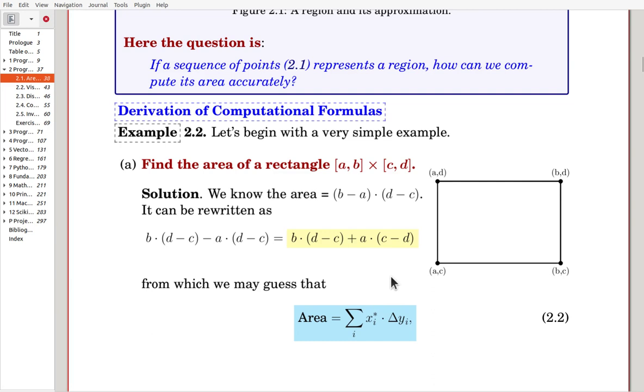So it looks like x value times change in y. So we may guess the area is given in this way.